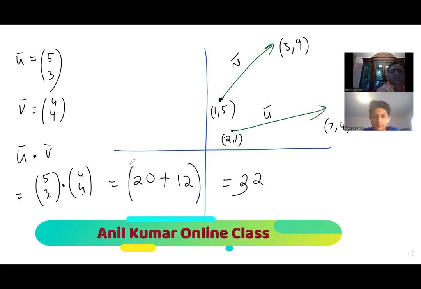That becomes the result of this dot product. So our answer is 32, which is a number, a scalar quantity. Do you see that? So this is how we get our result.